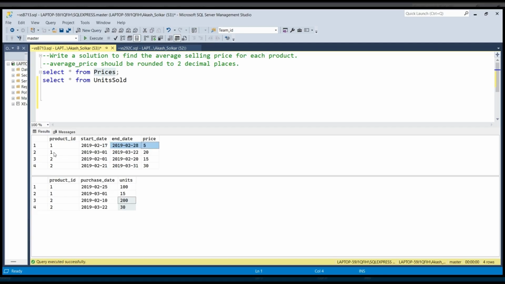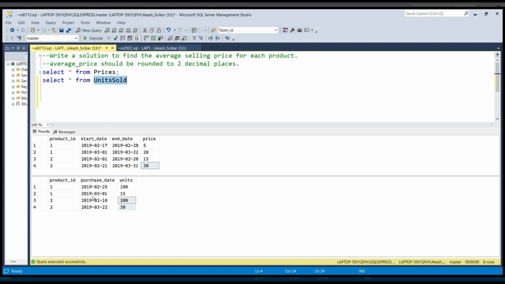Same for product ID 1, from the start date of 1st March to the 22nd March, the price is 20. Similarly for product ID 2, from a start date to the end date, the price is 15, and from 21st of Feb to 31st of March, the price is 13. So in the first table they have given the price of a product ID from a specific date to a specific date.